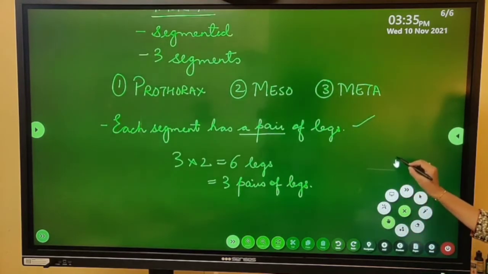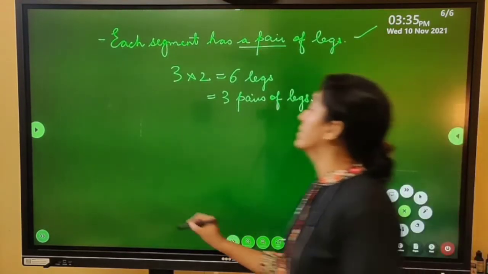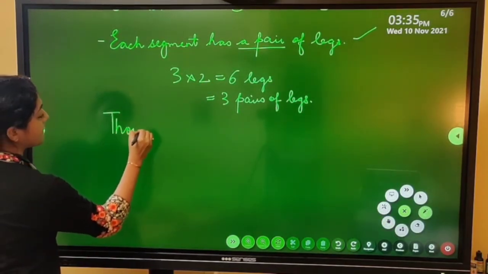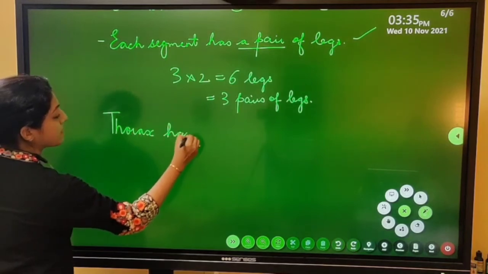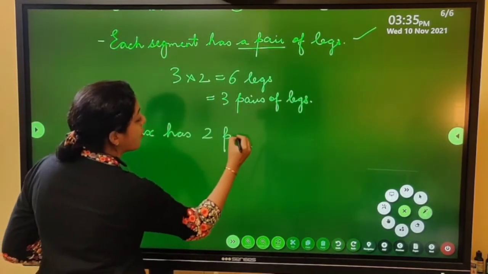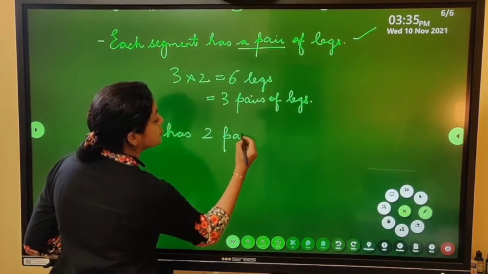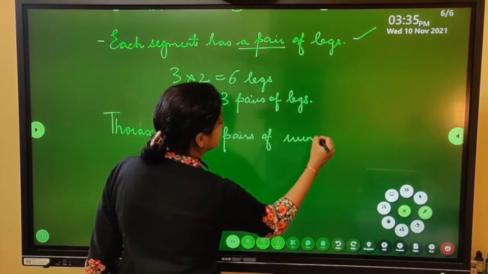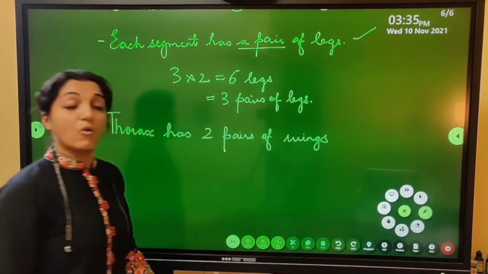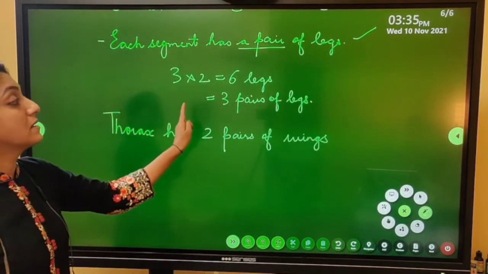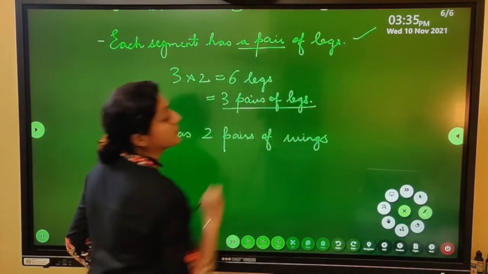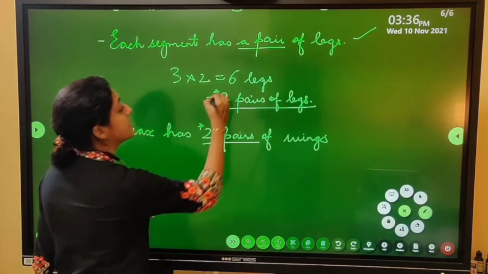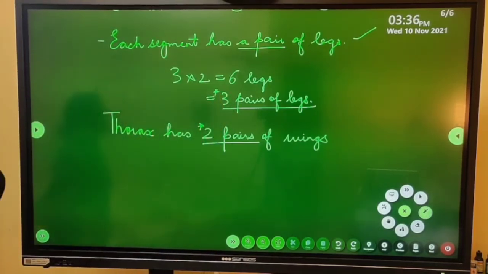The thorax has two pairs of wings attached. देखो, legs 3 pairs थे. Okay, legs are 3 pairs. But wings are 2 pairs of wings. MCQs. Legs 3 pairs, wings 2 pairs.